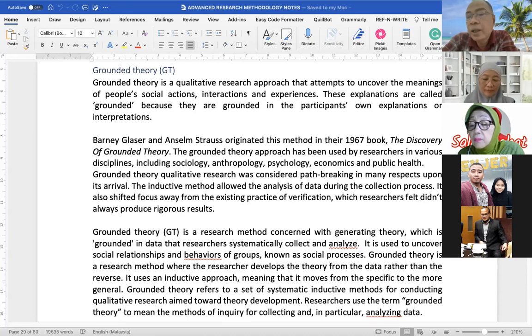So for those of you who have not submitted the form and the draft for colloquium one, you can still submit, but you will be requested to present sometime in May. We will set another date because the 14th of April was already set.